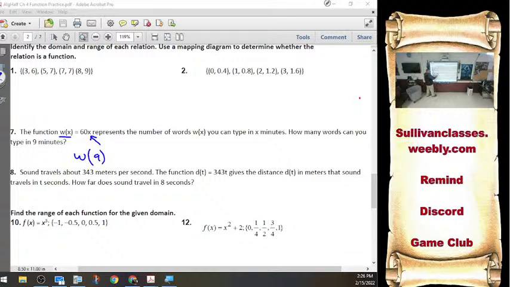They're saying plug in a 9. It's just getting used to that notation, that W of 9. It doesn't mean W times 9. It says words at 9 minutes. Okay. What else?